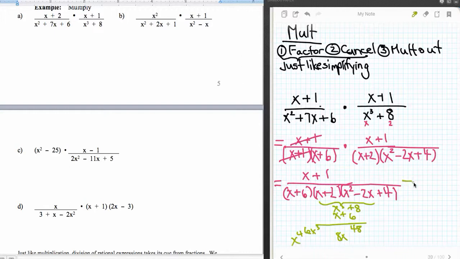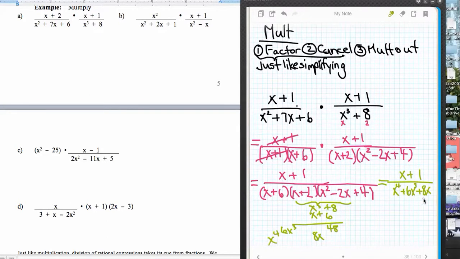So we would rewrite this as x plus 1 over x to the 4th plus 6x to the 3rd plus 8x plus 48. I don't know if I can even get that squeezed in there, so I'll put it down here, 48.